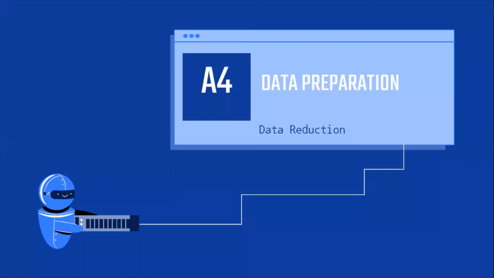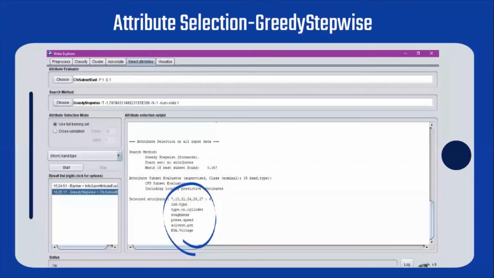And then we do the data preparation, which is data reduction. For data reduction, first we run attribute selection. We decided to use the greedy stepwise method for our data, and we obtain 6 selected attributes: the first one is ink type, the second one is type of cylinder, the third one is roughness, the fourth one is press speed, the fifth one is the solvent viscosity, and the last one ESA voltage.